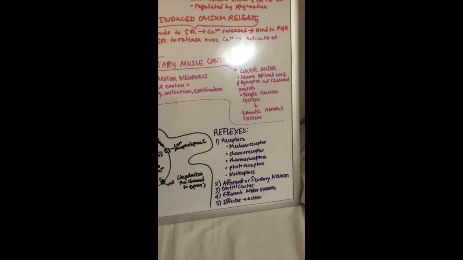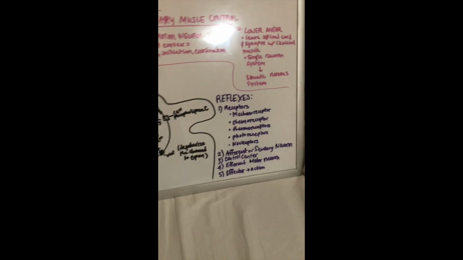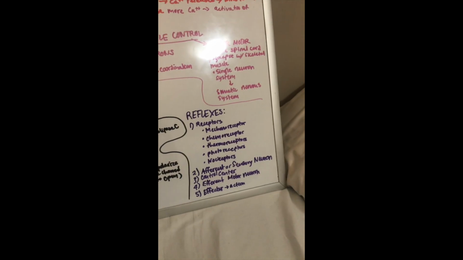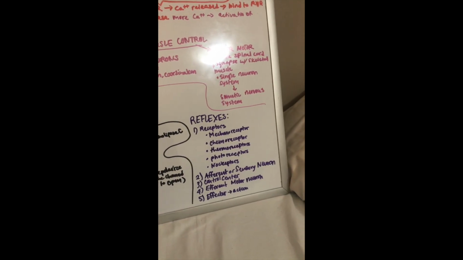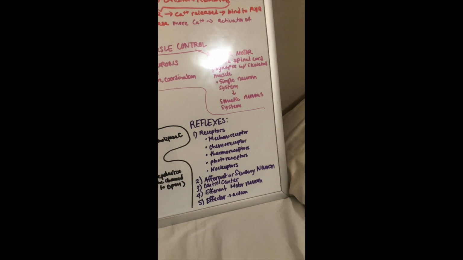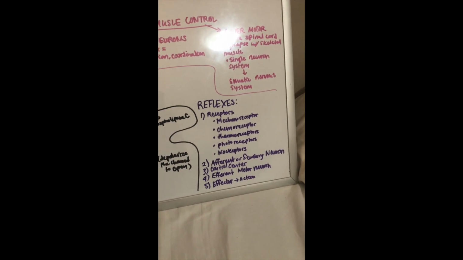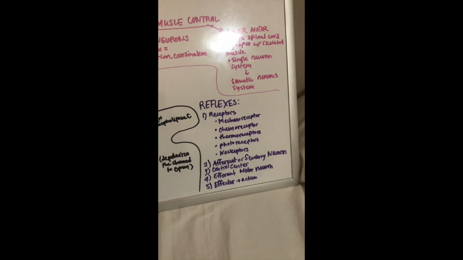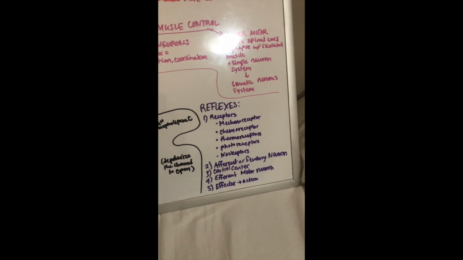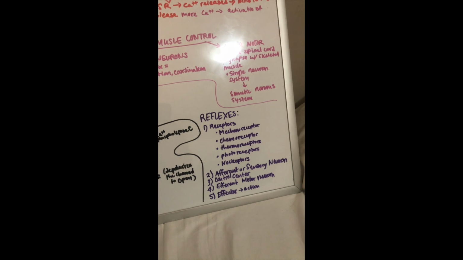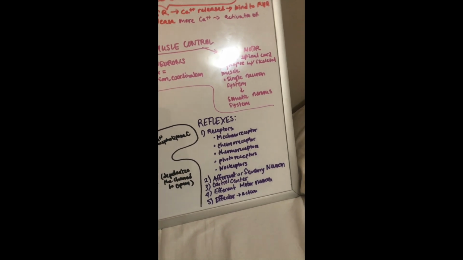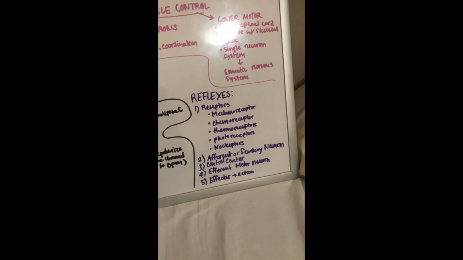We've got several different reflexes. First of all, we have our receptors, of which there are five different types that we're going to talk about. Mechanoreceptors are initiated by touch or pressure. Chemoreceptors are triggered by chemicals, and thermoreceptors are triggered by temperature.